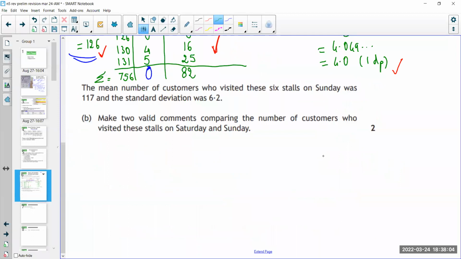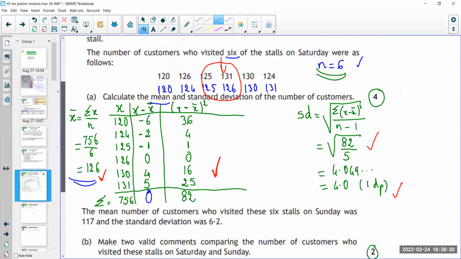No, thank you. Okay, so now to get the other 2 marks, you need to put a couple of sentences, okay? So this is the tricky bit where you need to put a bit of English now. So make 2 comments comparing the number of customers who are visiting these stores on Saturday and Sunday.